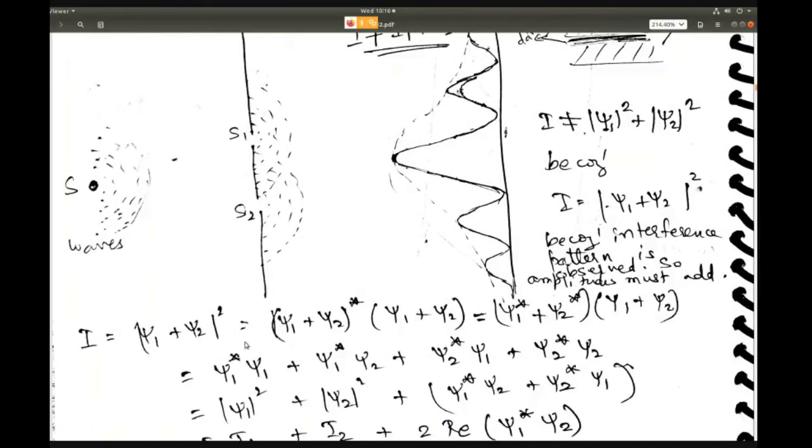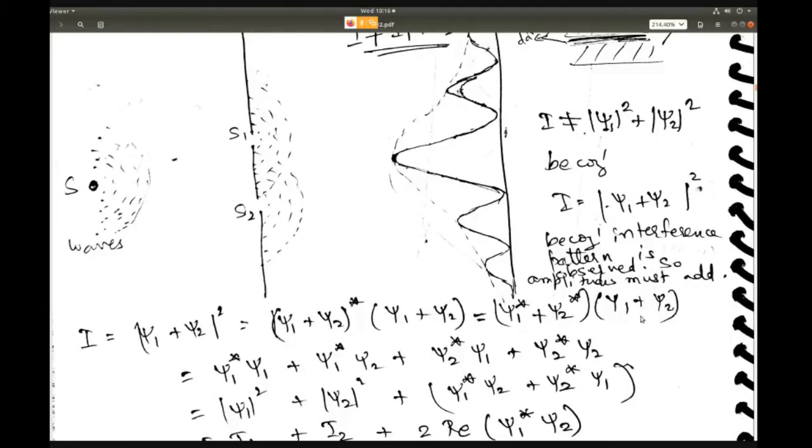Here, I'm just showing you what psi1 plus psi2 whole square is. So how do you get psi1 plus psi2 whole square? Again, you have to take the complex conjugate and then multiply with the original function. So here it will be psi1 plus psi2 whole complex conjugate into psi1 plus psi2. When you take the complex conjugate inside the bracket, you will separately get psi1 star plus psi2 star into psi1 plus psi2.